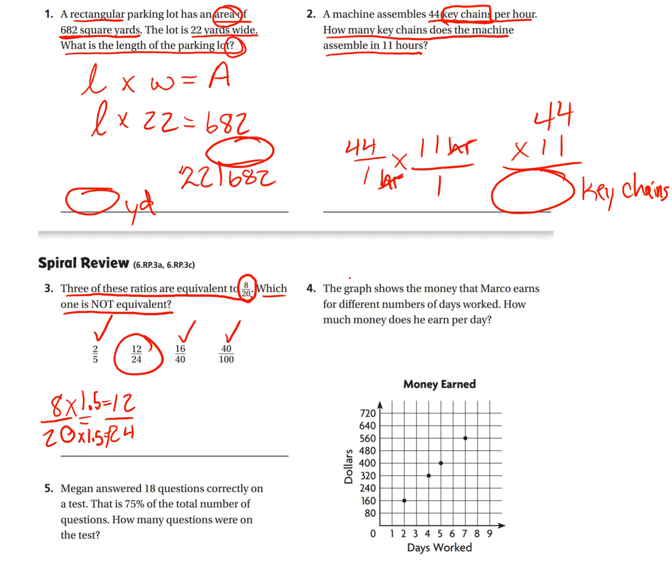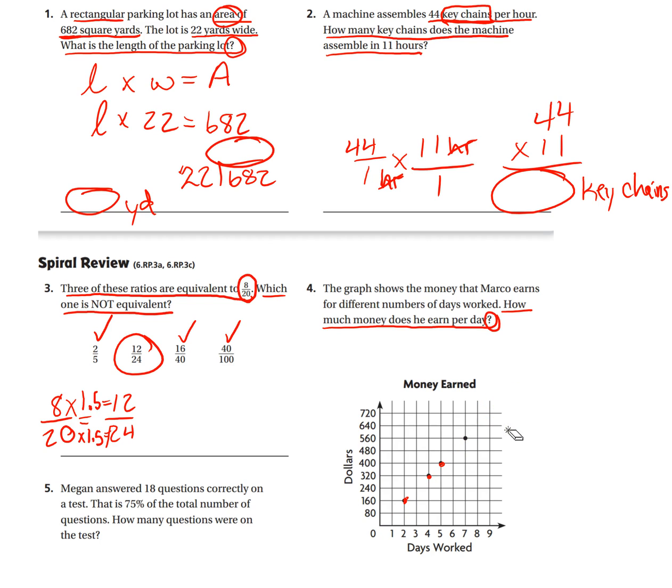Okay, number 4, the graph shows the money that Marco earns for different numbers of days worked. How much money does he earn per day? Okay. So 2 days he earns 160, 4 days 320. So you can see this line that's being created here. It's a linear line.